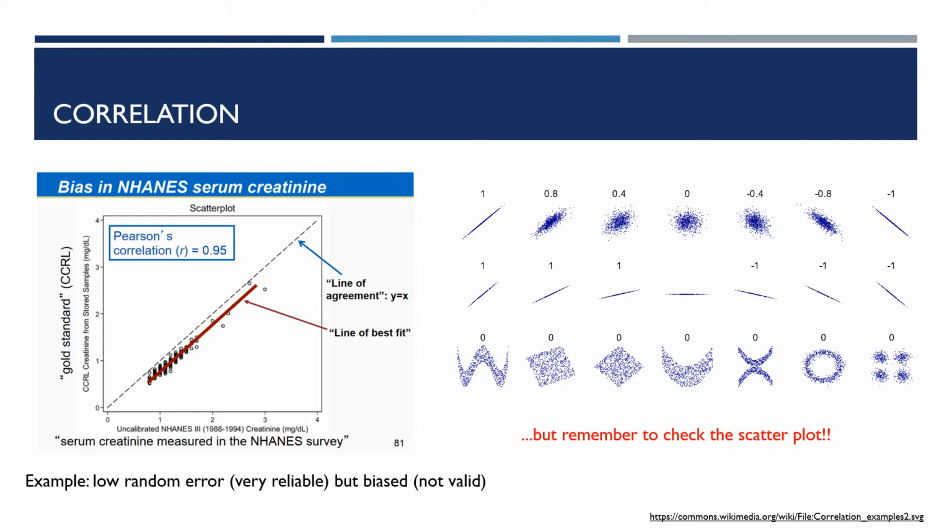Sometimes, if the relationship between the two measurements is not linear, the correlation coefficient can be 0, but we can see that there is still some relationship between the two measurements. So we need to be careful and be sure to check the scatter plot to see the relationship between the two measurements before interpreting the correlation coefficient.